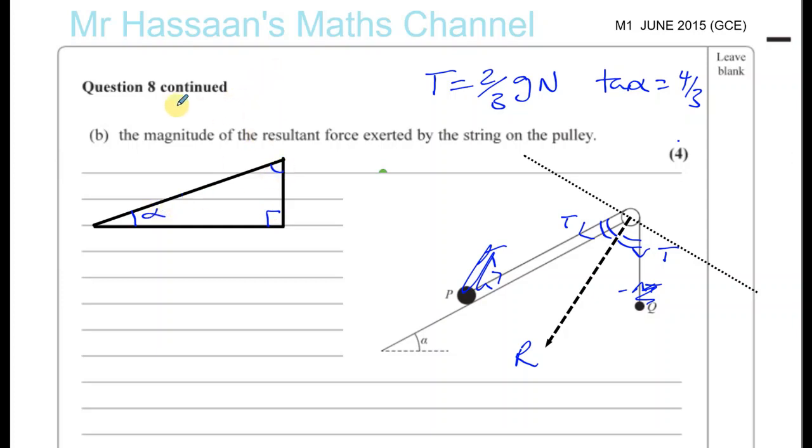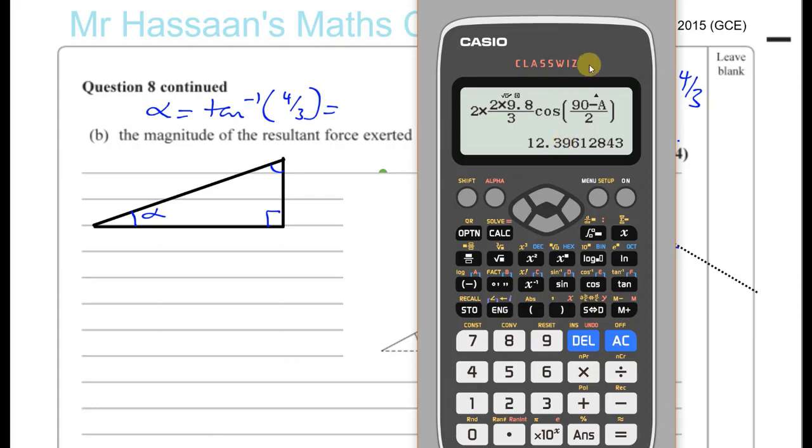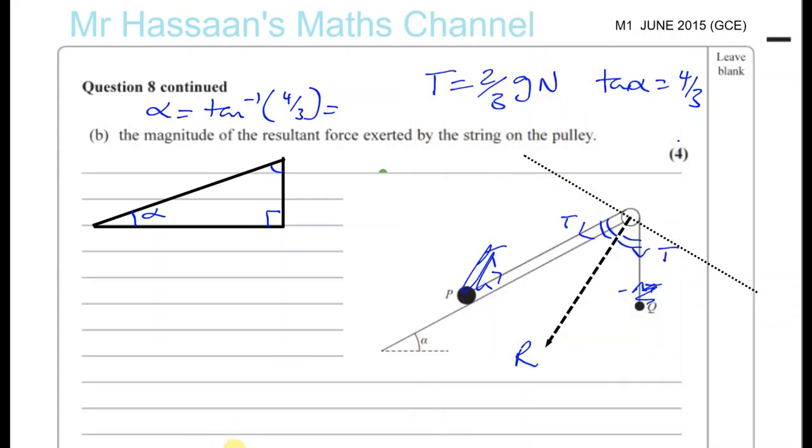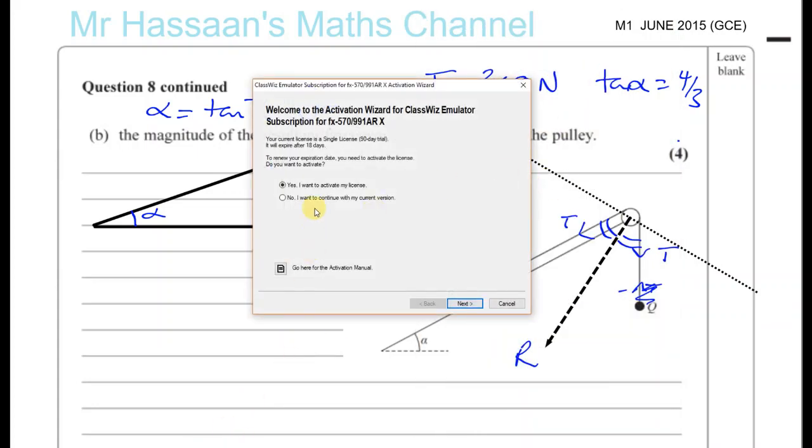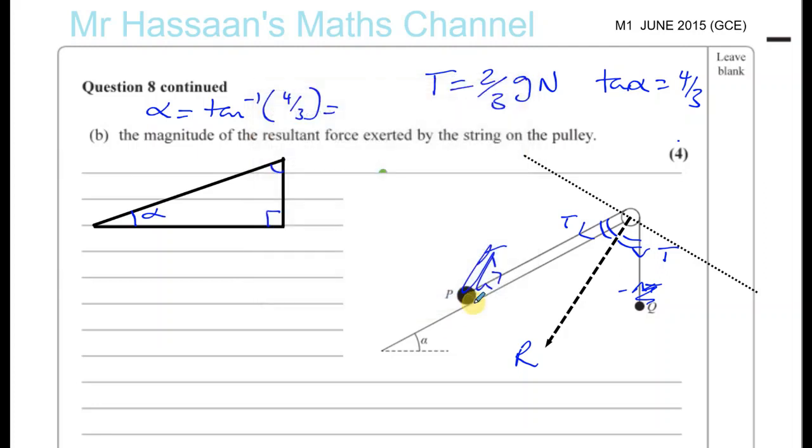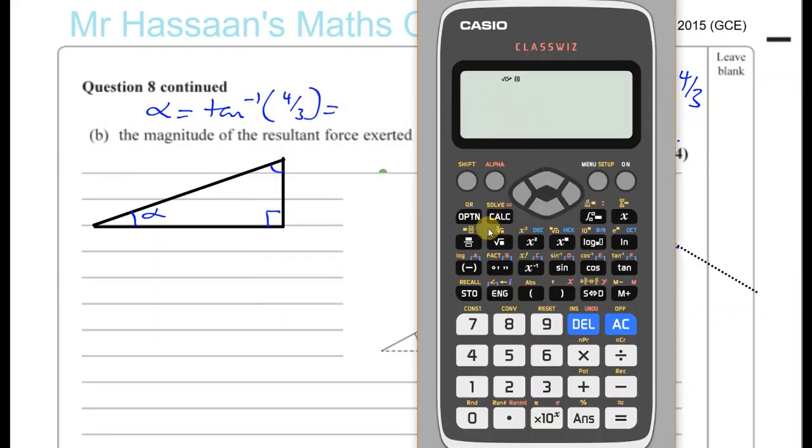So let's work out what alpha is. We know that alpha is going to be the inverse tan of 4/3. So let's work out what the inverse tan of 4/3 is going to be. I'll keep it in degrees.